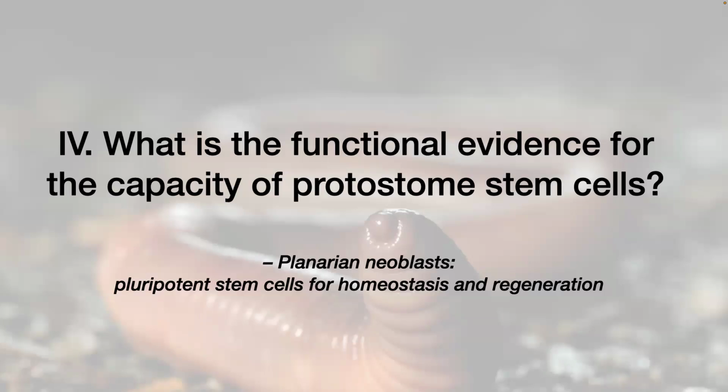And in particular, it's the cell type of the planarian neoblasts that has been the center of very interesting and very powerful research in the past. So I would like to walk you in this section quickly through one of the key findings about neoblasts in planarians. It also highlights their absolute requirement and sufficiency as stem cells for planarians.